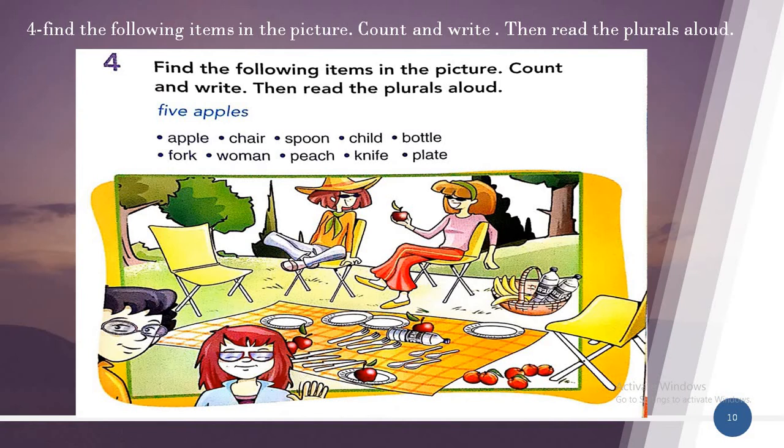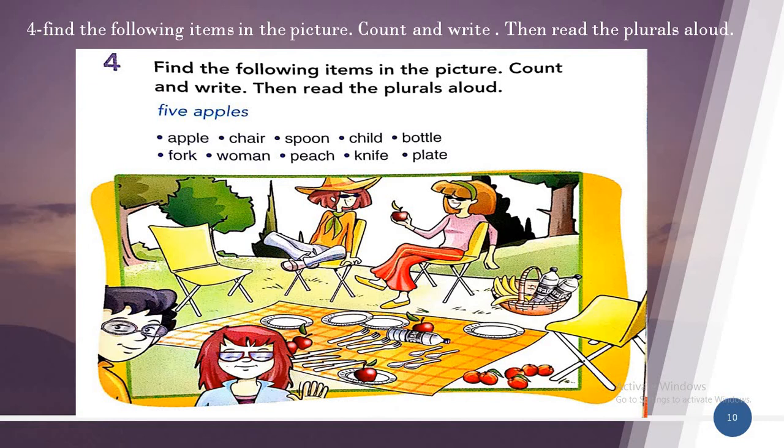So let's answer this exercise orally. So 5 apples. How many chairs? Tell me please. Yes, good. 4 chairs. How many forks? Or how many spoons? 4 spoons.